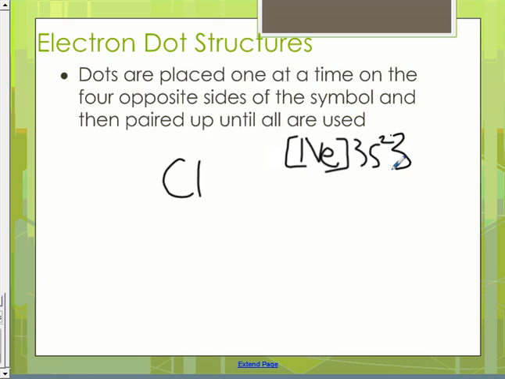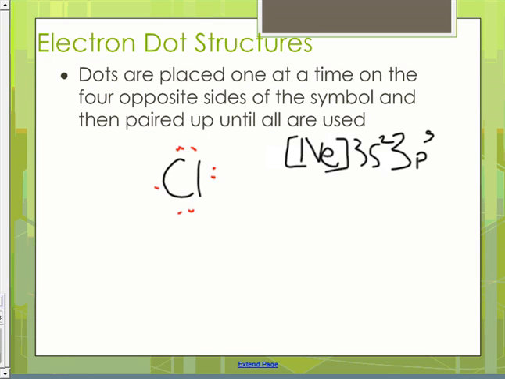So that means if we add 2 and 5 together, it's going to be 7 electrons. So we're going to start off, and we do them one at a time around. So there's 1, 2, 3, 4, and then we double up, 5, 6, 7. So that's how we end up doing electron dot structures.